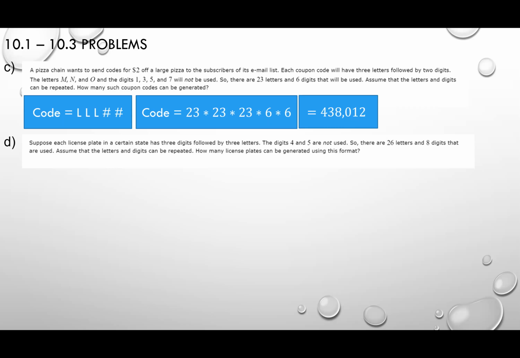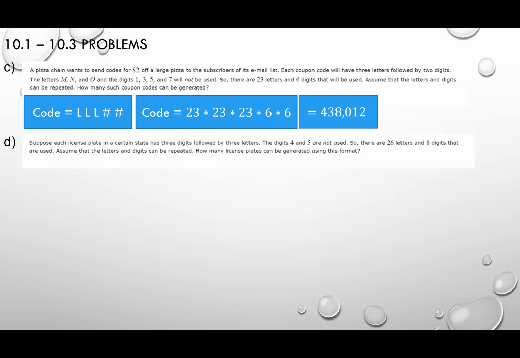So there are 26 letters and 8 digits, meaning we can use the 0, 1, 2, 3, 6, 7, 8, and 9. We cannot use the 4 and the 5. In total, there are 8 digits.